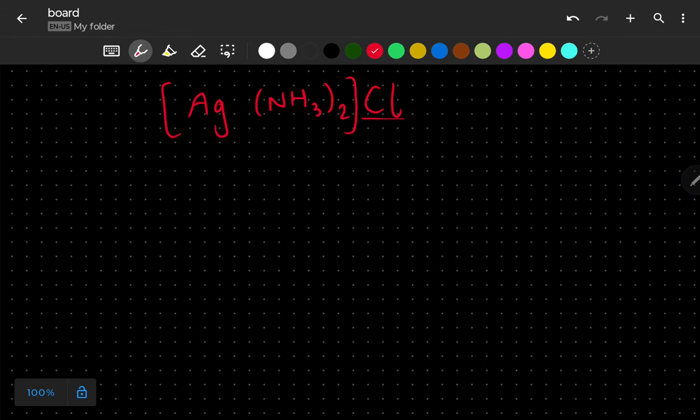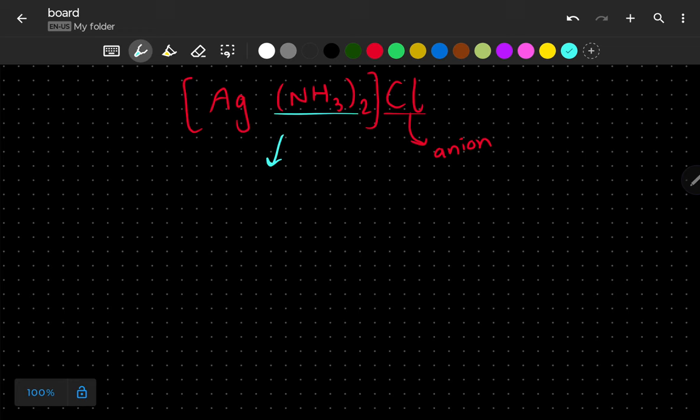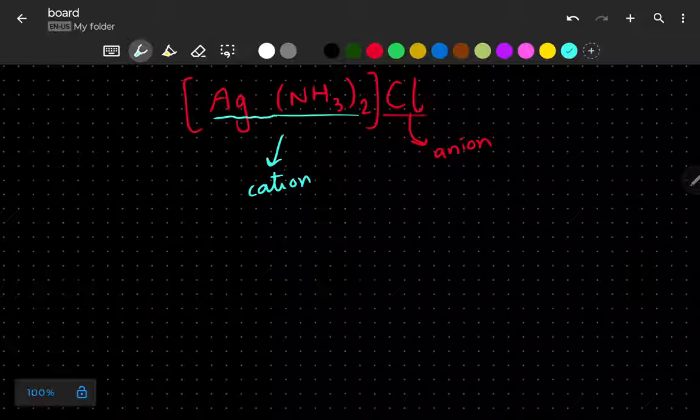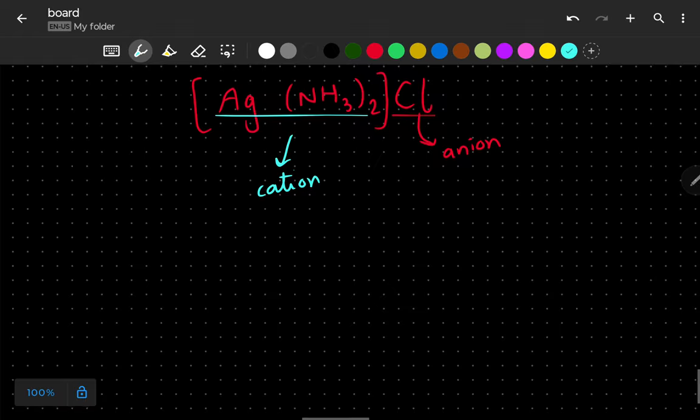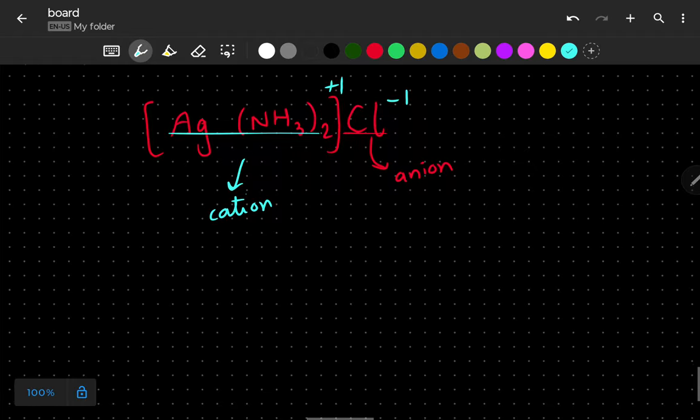Now outside the bracket we have the one on the right, which will act as an anion, and the complex will act as a cation. The one on the left is the cation and on the right is the anion. Now first calculate the oxidation state. Chloride ion has a -1 oxidation state, so this whole complex has +1 oxidation state.